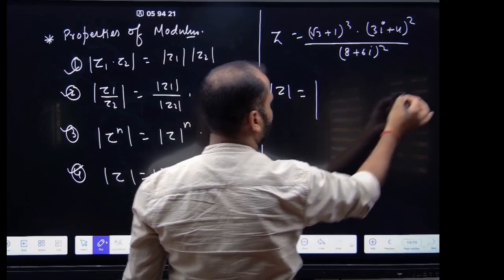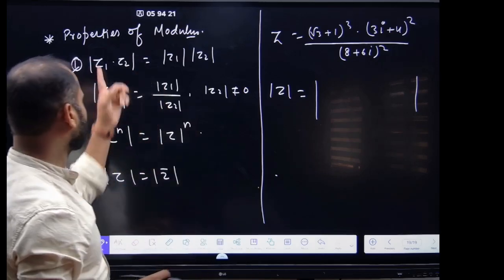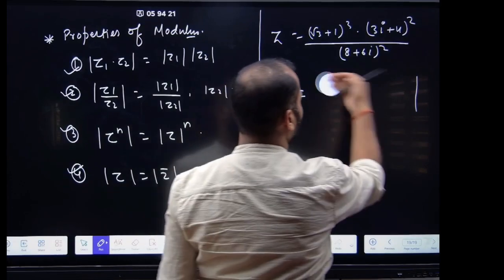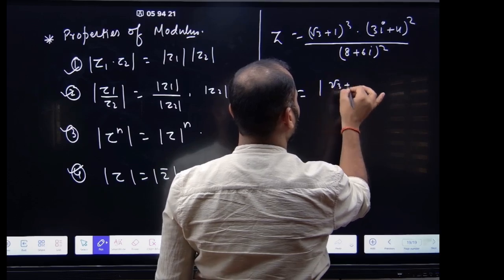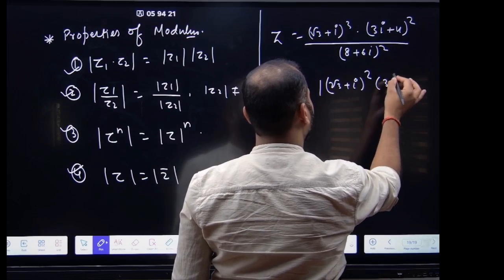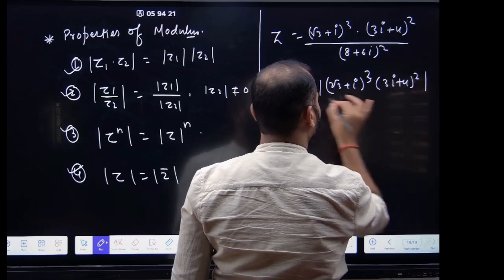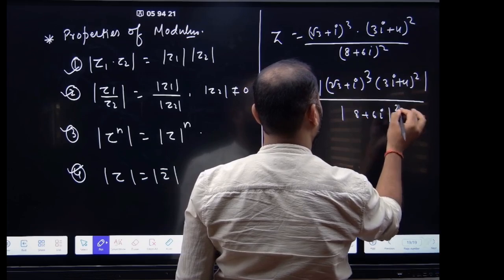So either you calculate the mod of this bigger one, or you calculate the individual ones. Individual ones you can calculate. So I can write the mod of the numerator separately: mod of (root 3 plus i) cube, (3i plus 4) whole square, divide by mod of (8 plus 6i) whole square.